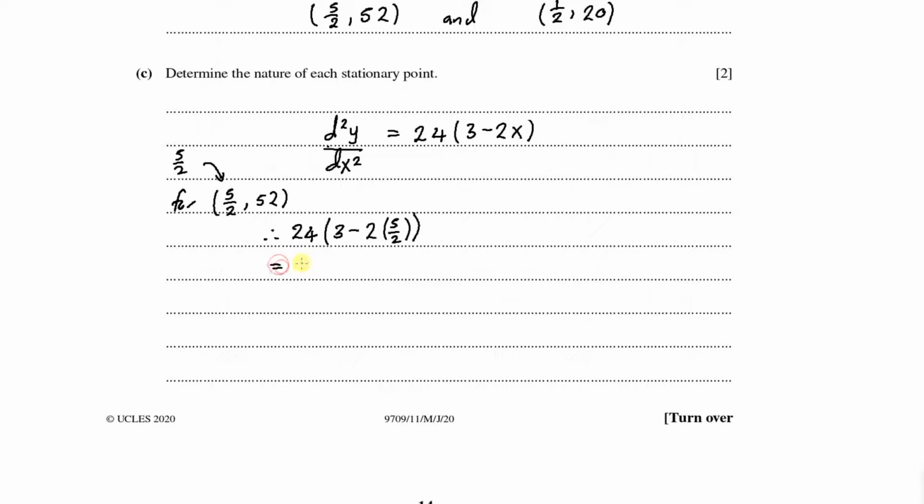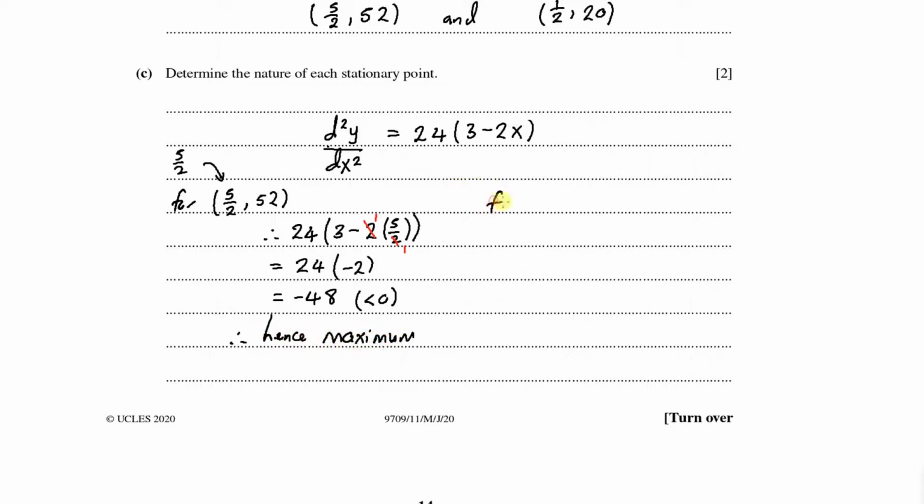So we simplify it as 24 bracket, and here the 2's will cancel. So I'll now just be having minus 5. So 3 minus 5, that's minus 2. So that's minus 48. And since minus 48 is negative or less than 0, we can therefore conclude that it's a maximum.